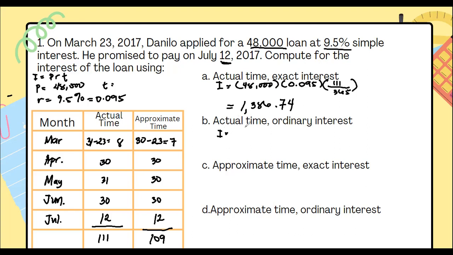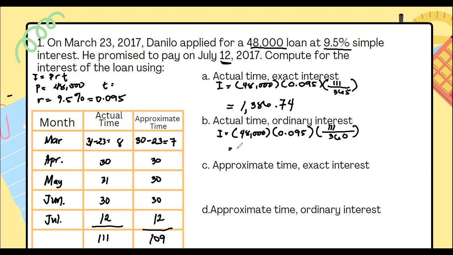So, again, same formula pa rin naman tayo, which is P times R times T. So, rewrite lang natin, 48,000 for our principal. Rate is 0.095. And yung time natin, this time, we are going to use actual time, ordinary interest. For actual time, ordinary interest po, gagamitin natin yung 111, okay, number of days, loan days, divided by ordinary interest. We mentioned earlier that ordinary interest is yung denominator nyo is 360 days.